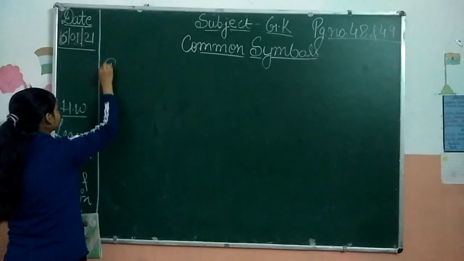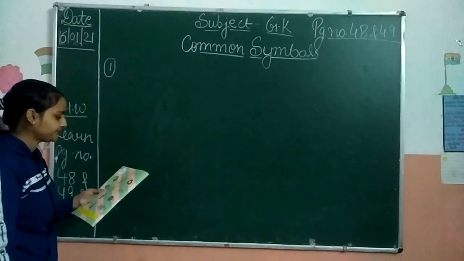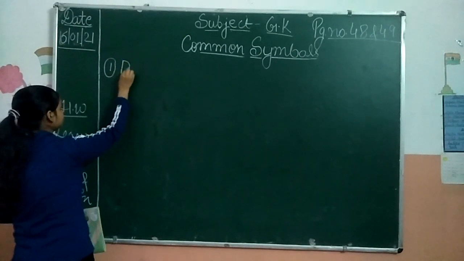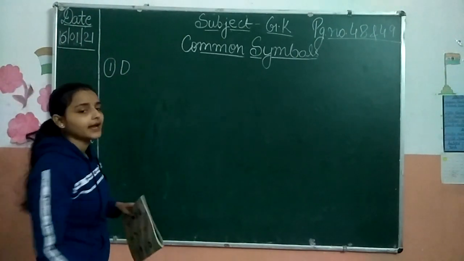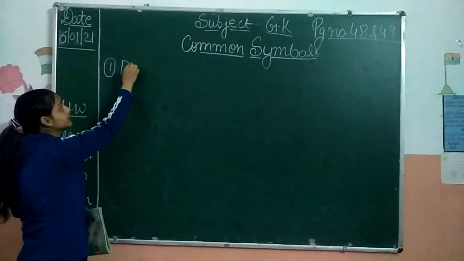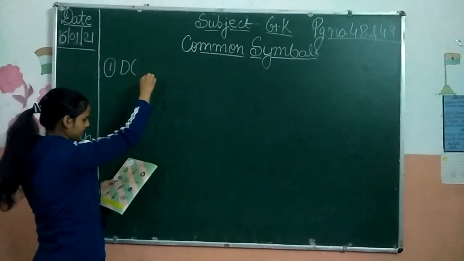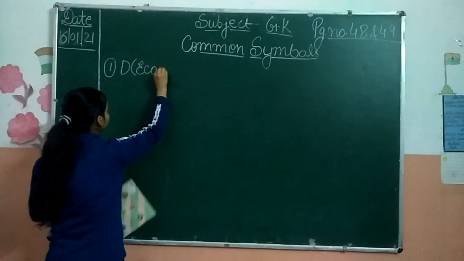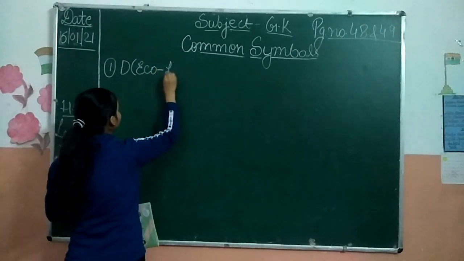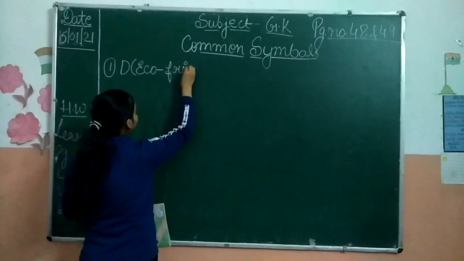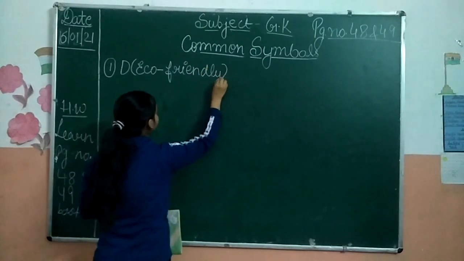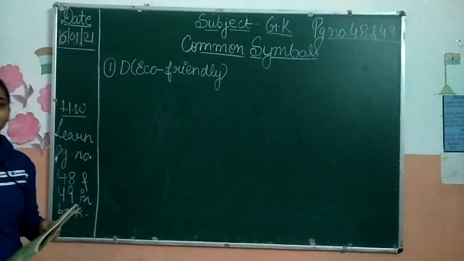On first picture, write it down. D. And then write down eco-friendly. Okay.